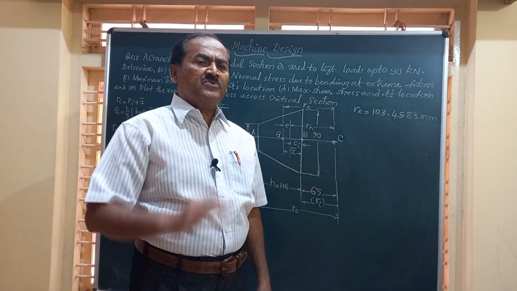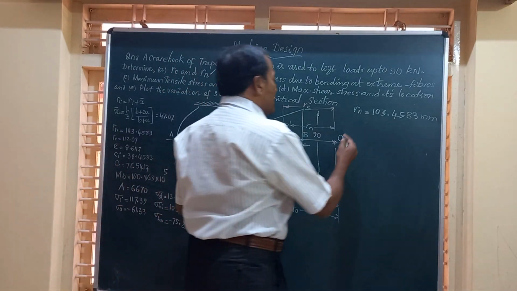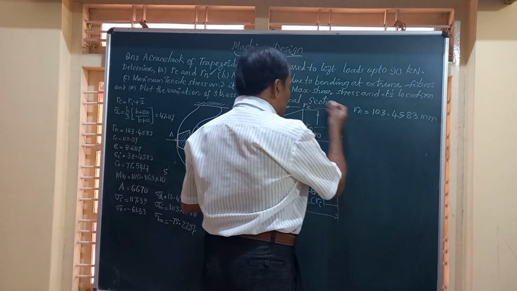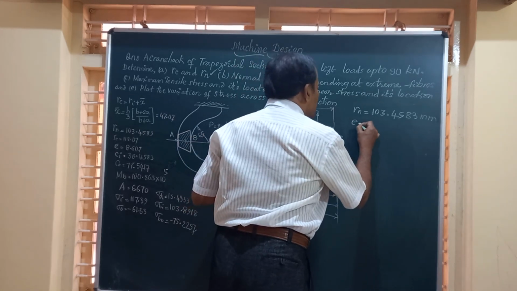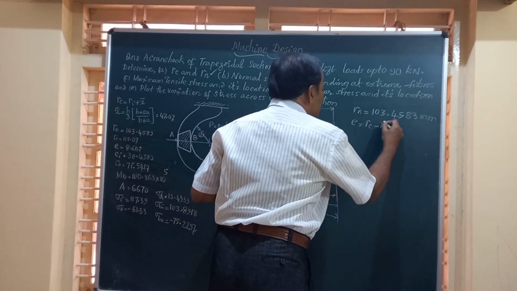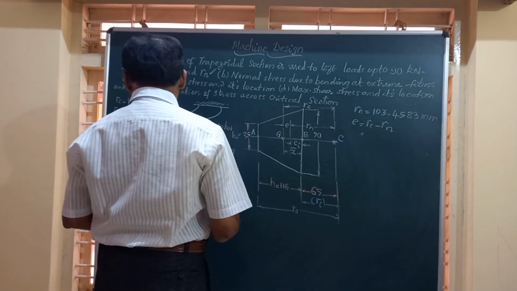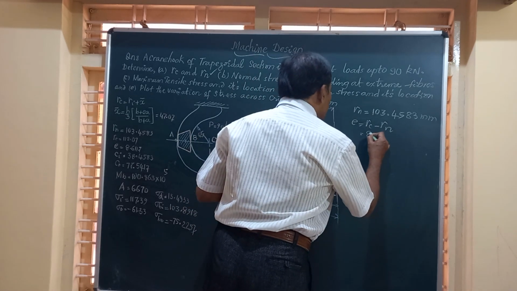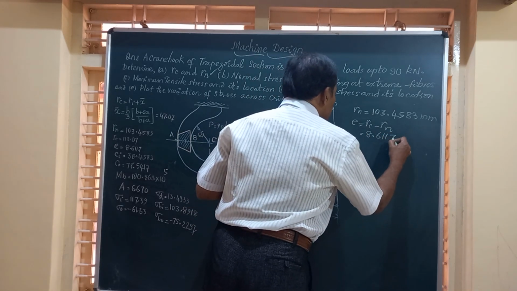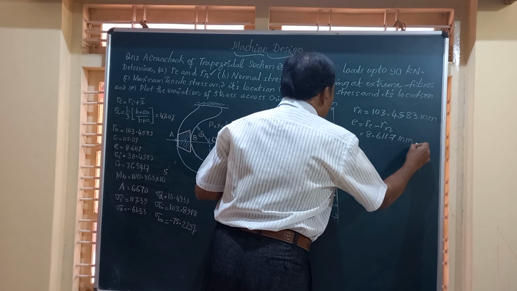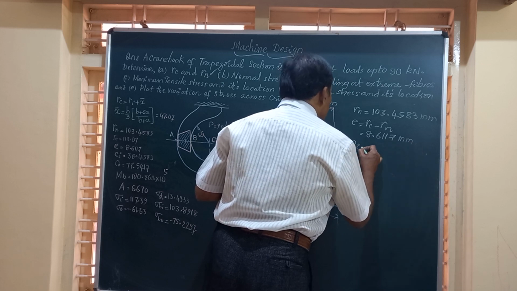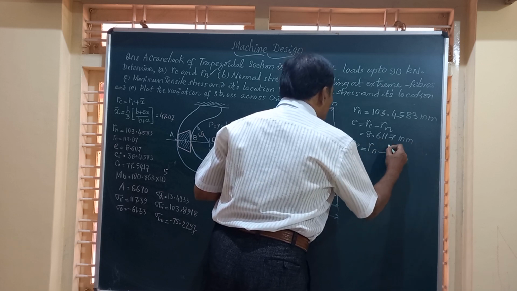The moment you have these two, you will be able to calculate some of the parameters connected with this, such as e. e is equal to Rc minus Rn. So this value e works out to 8.6117. Then we have Ci is Rn minus Ri.